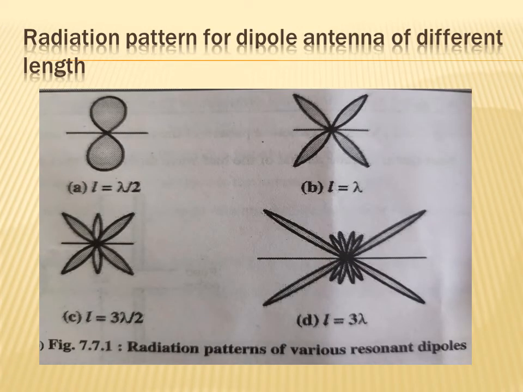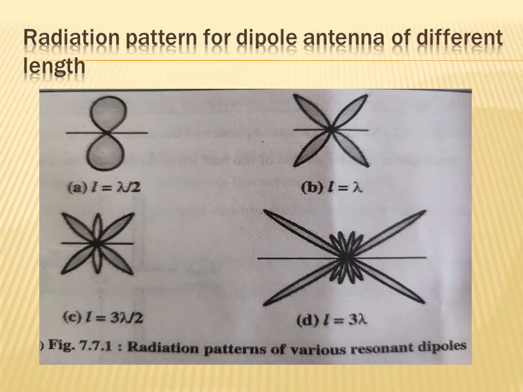Next point is the radiation pattern for dipole antennas of different lengths. The lengths of the dipole antennas are lambda by 2, lambda, 3 lambda by 2 and 3 lambda.